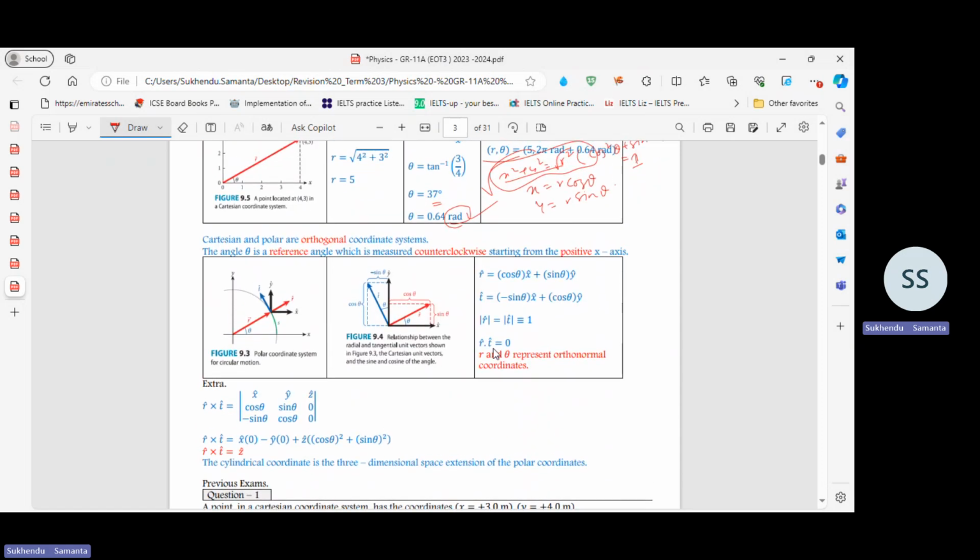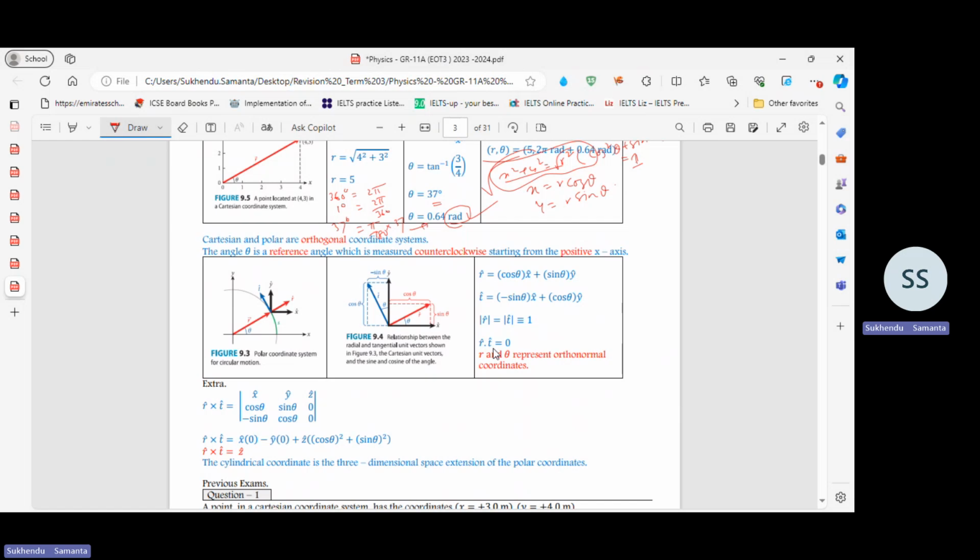I will revise it quickly. 360 degrees is equal to 2 pi radians. So 1 degree equals 2 pi divided by 360, which is pi by 180. So 37 degrees is pi by 180 multiplied by 37, and you will get 0.64 radian.